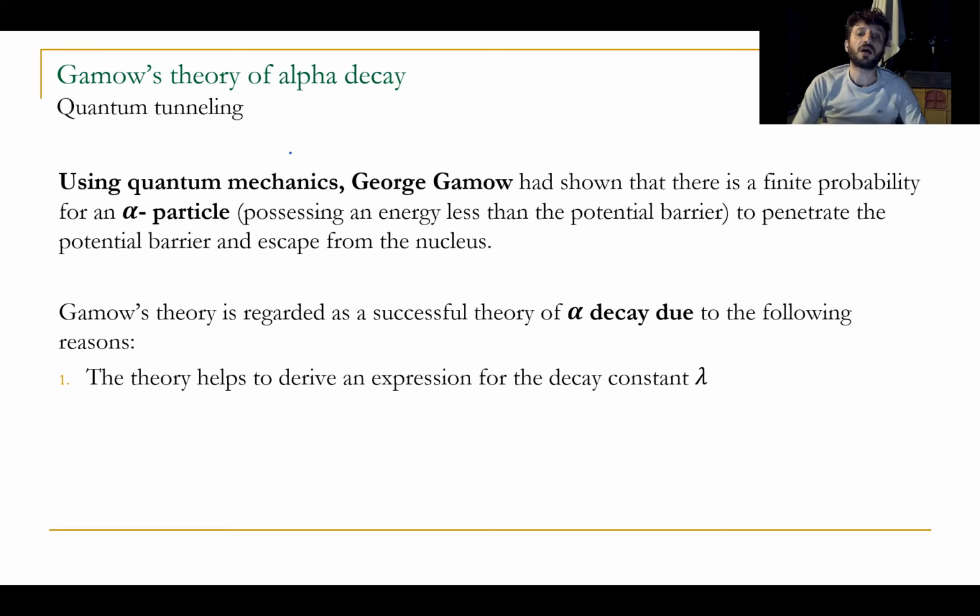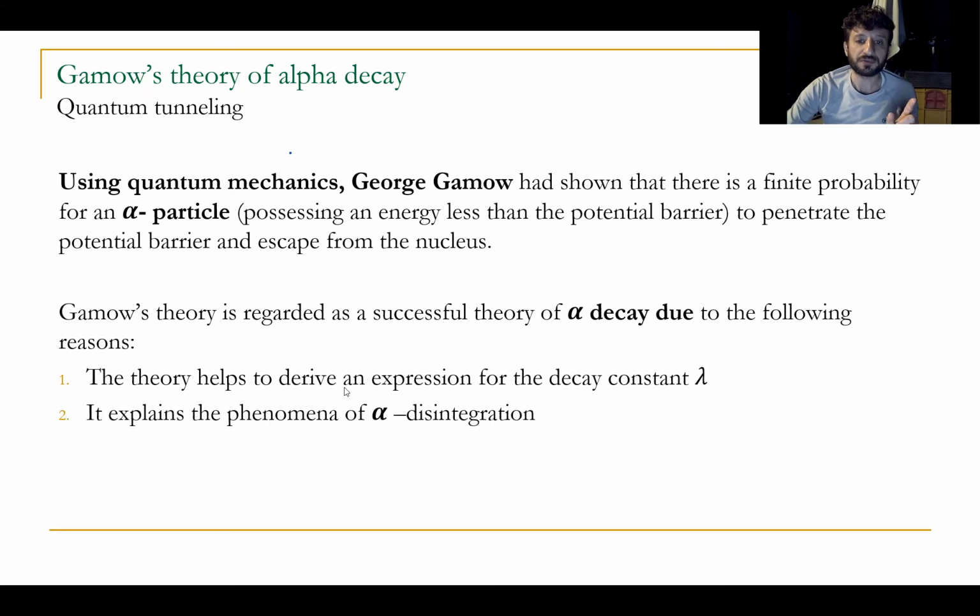First, we can have the expression of the decay constant lambda. Lambda is called the decay constant, or decay rate, or the probability of decay per unit time. We can find its value by using this theory.